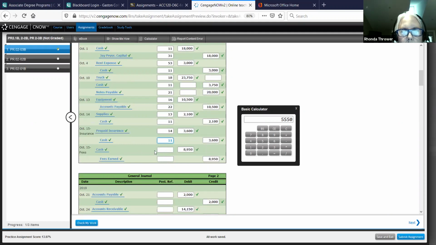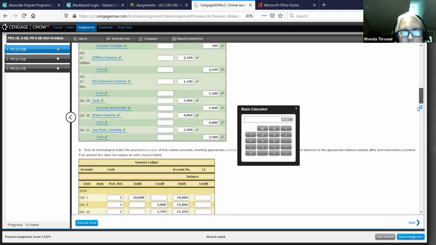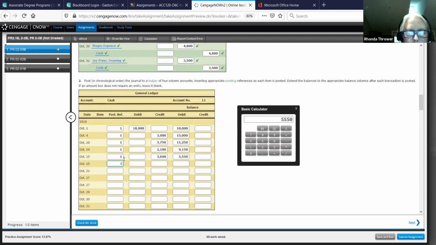On the next one, we're debiting cash this time for $89.50. Still comes from journal page 1, but this time it was debited, $89.50. When we debit cash, we add to the previous balance.